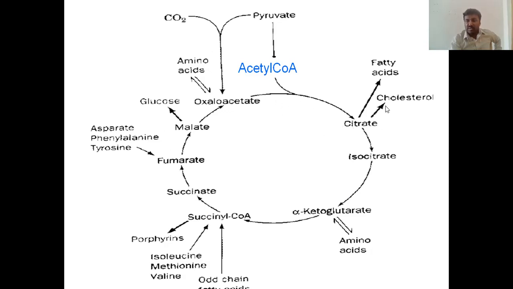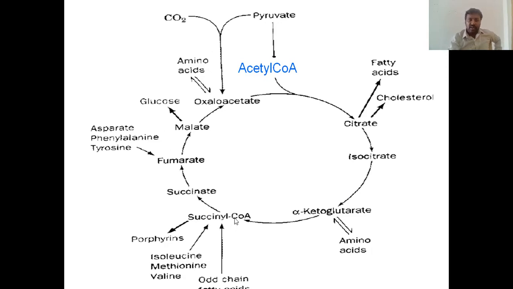This citrate is useful in the synthesis of cholesterol and fatty acids. Then isocitrate is formed. Then alpha ketoglutarate. This alpha ketoglutarate is a precursor for the synthesis of amino acids.